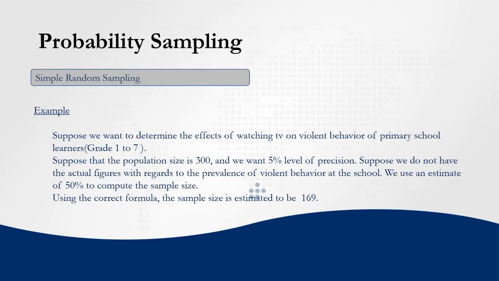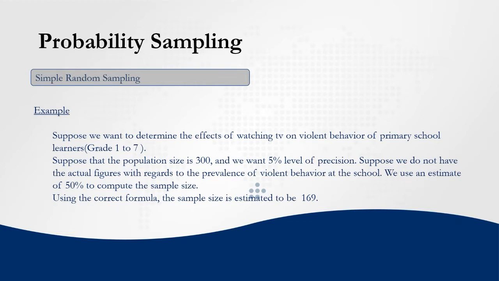So that would be the incidence rate, to say at this particular school the level of violent behavior is around 70%. If you don't know, sometimes as the researcher you can say, I think it's about 50%, maybe 60. Whatever you say is what we will input when we estimate the sample size.